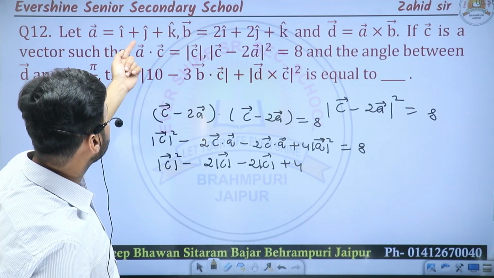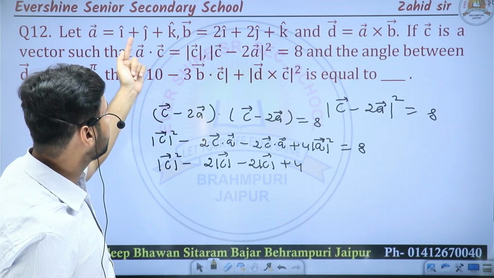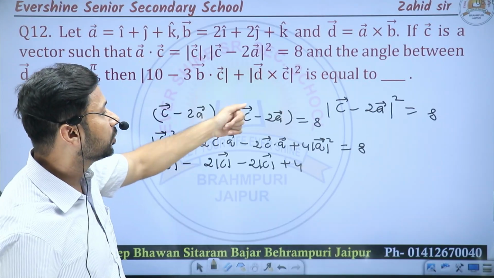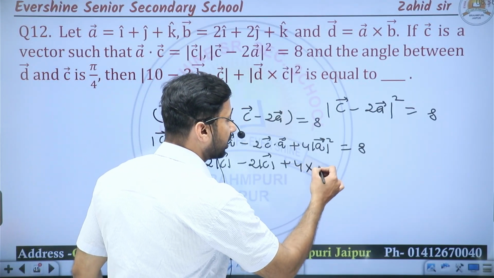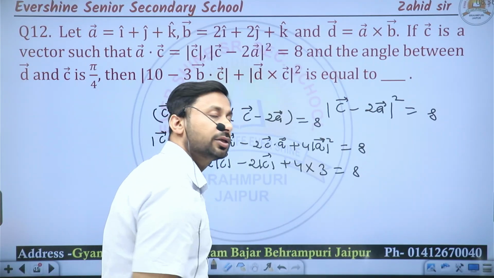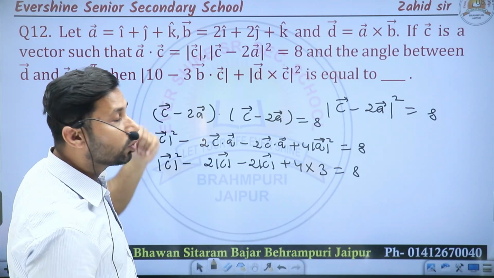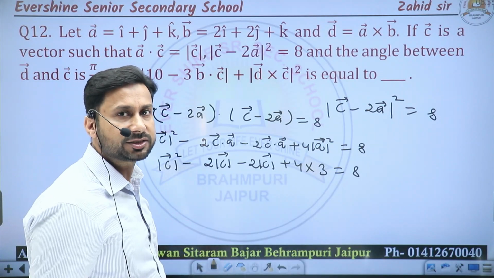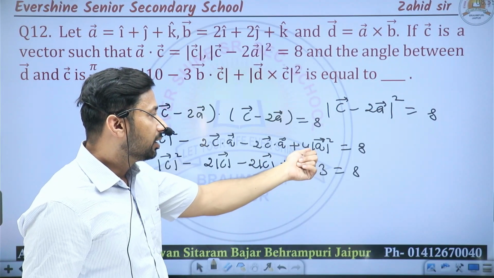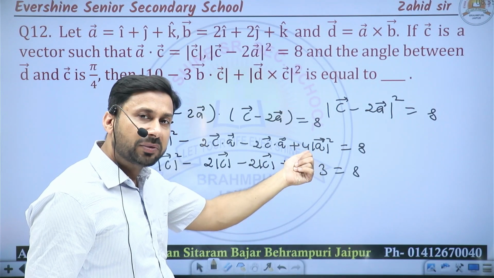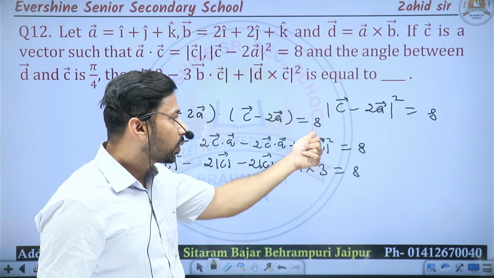So magnitude of A will be root 3. You can see 1 square, 1 square, 1 square, then root. So square of it will be 3, which is equal to 8. You can find the magnitude easily by adding the squares of the coefficients of i, j and k and then taking the square root. So the value of magnitude of A will be root 3, square of it will be 3.